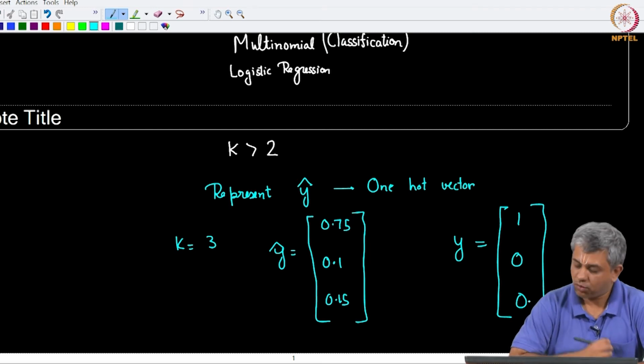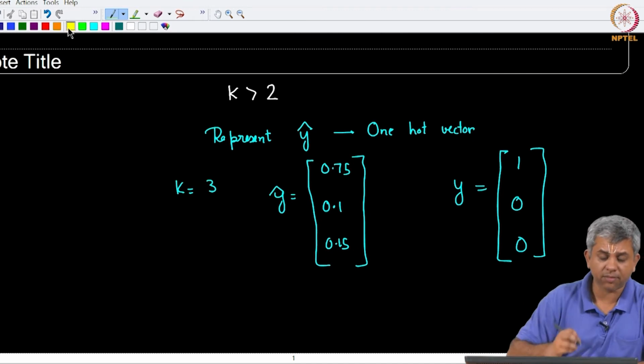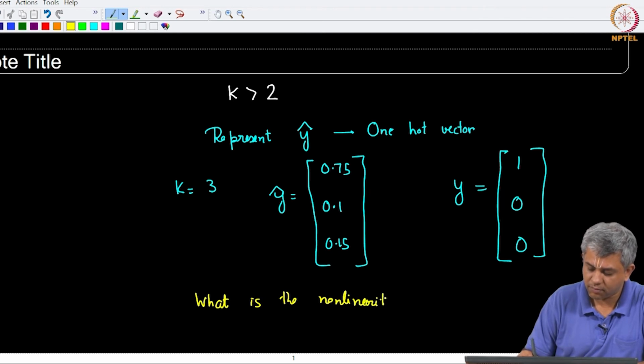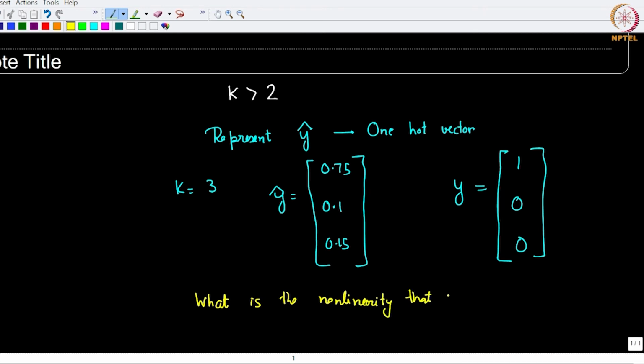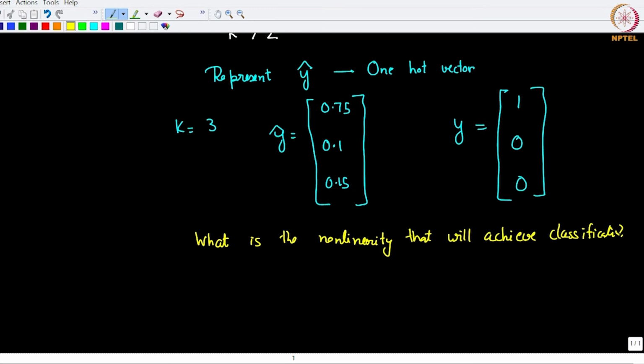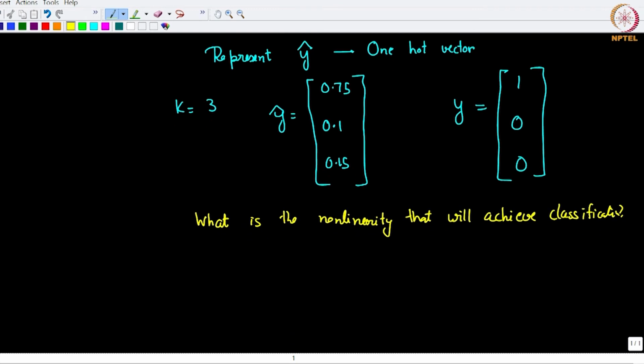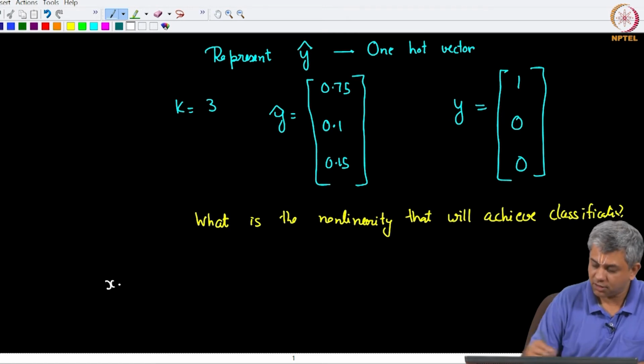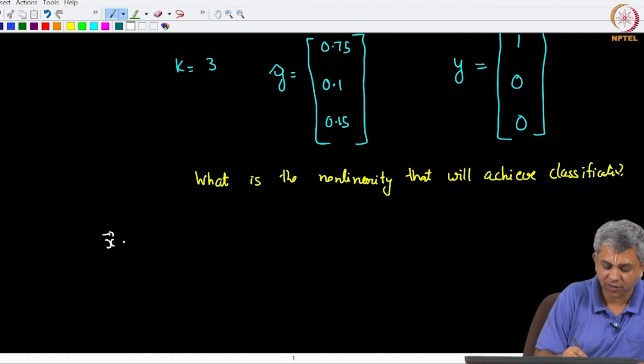Okay. Now, what we need to do next is to find out what is the nonlinearity that will achieve the classification. Let me briefly point out why this is important. So, let us say you have some input x. For the sake of this example, let us say x vector is an image.